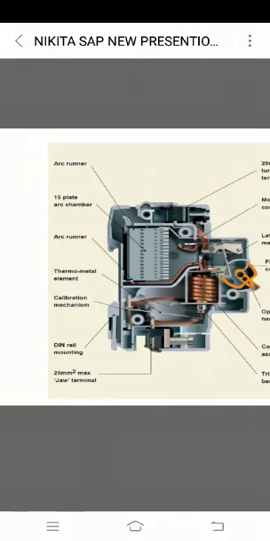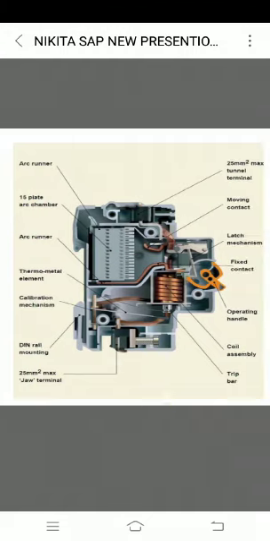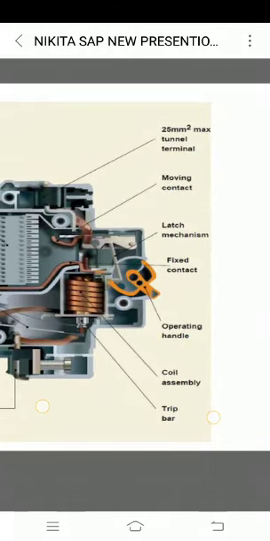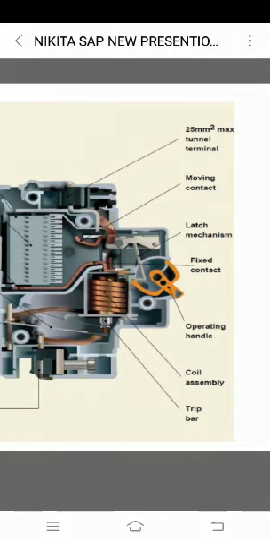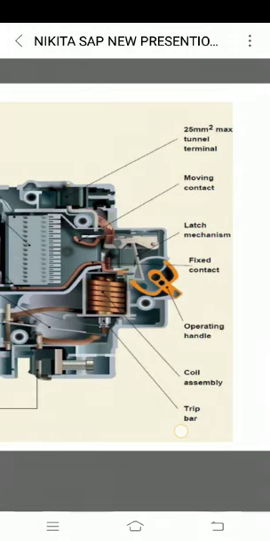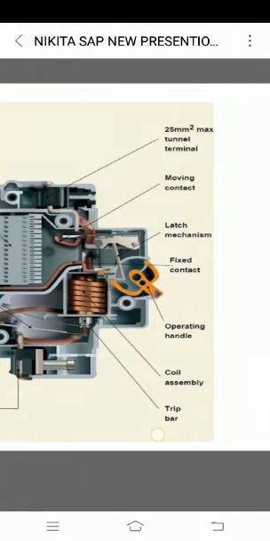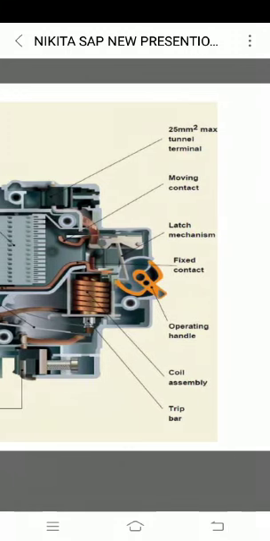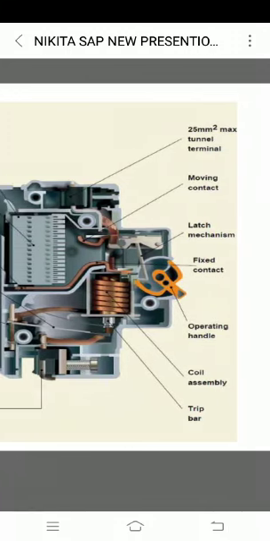The jaw terminal is 25 mm square. Then at the right side of the MCB, here is the trip bar. Then the upper side of the MCB is the tunnel terminal. Then moving contact, latch mechanism, then fixed contact, operating handle, then coil assembly.